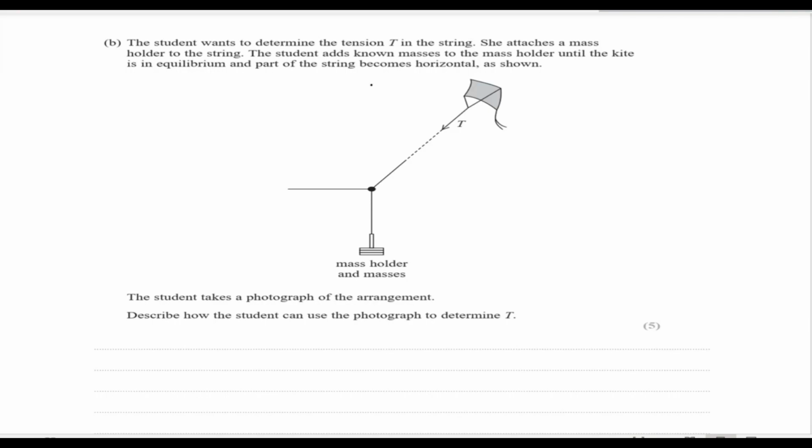First we have to measure the angle theta with the vertical line. This one is the vertical.